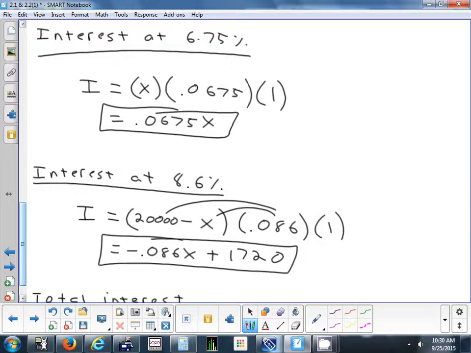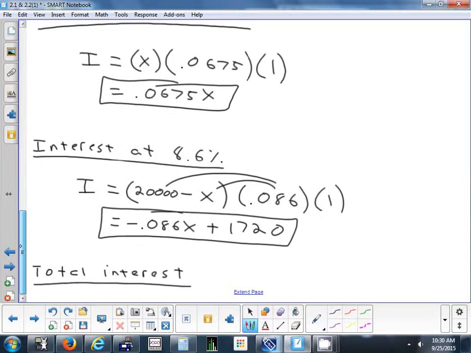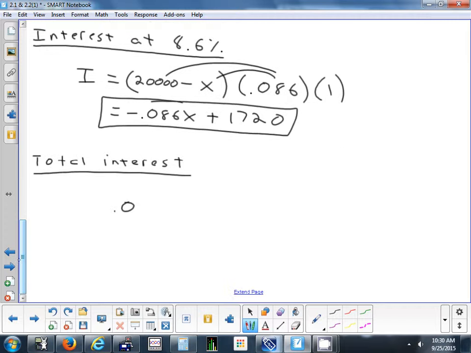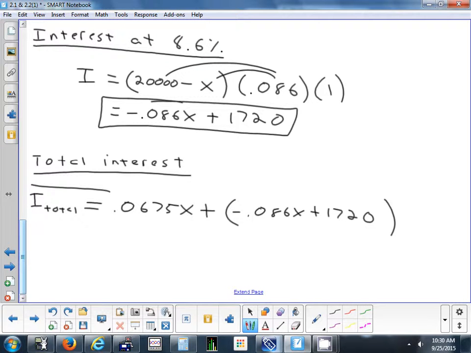So we're going to take how much interest he earns from the first investment, which was 0.0675x, plus how much interest he earns at the second investment, negative 0.086x plus 1720, and that equals the total interest.